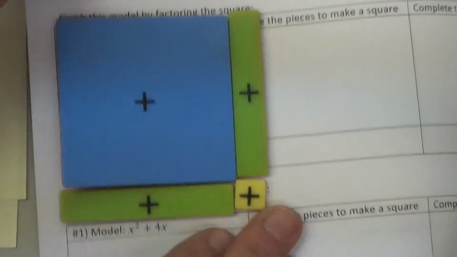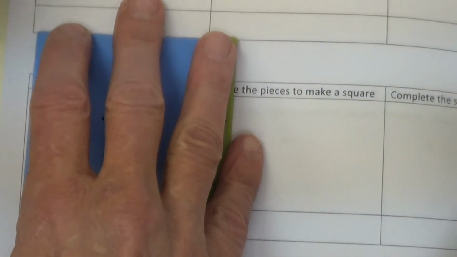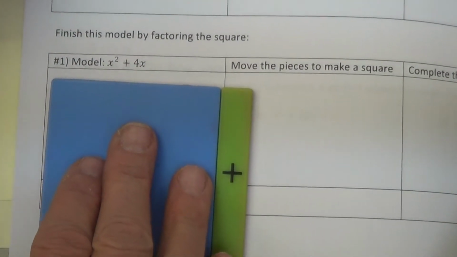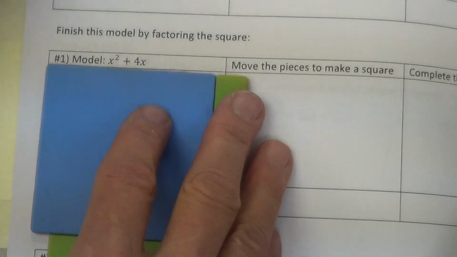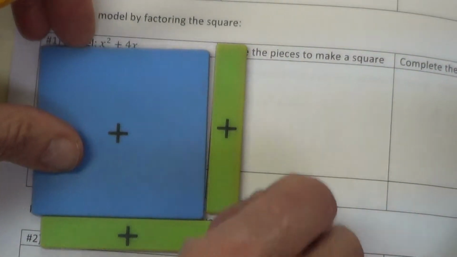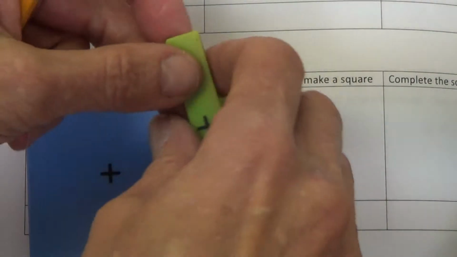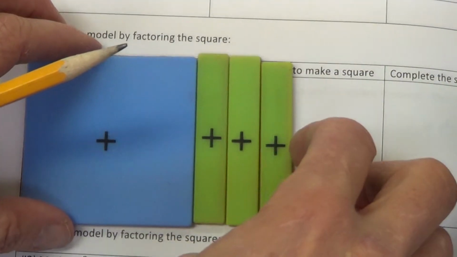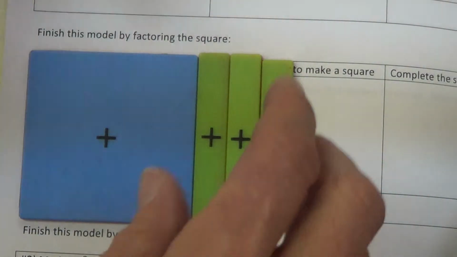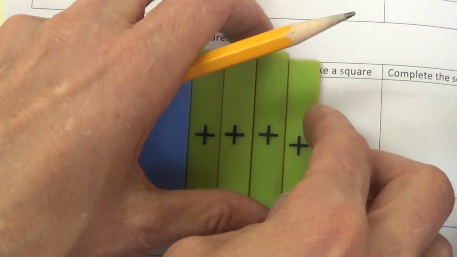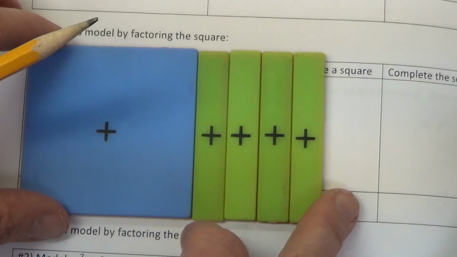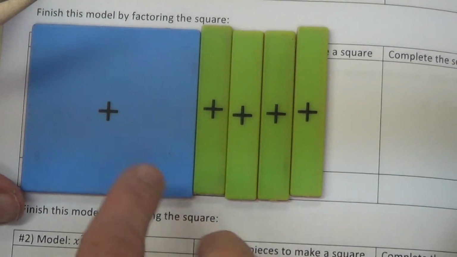Next one. Make sure you're pausing the video as you need to. We're asked to model x squared plus 4x. So, you can move ahead without me if you'd like. To model that, we have our x squared plus 4x.